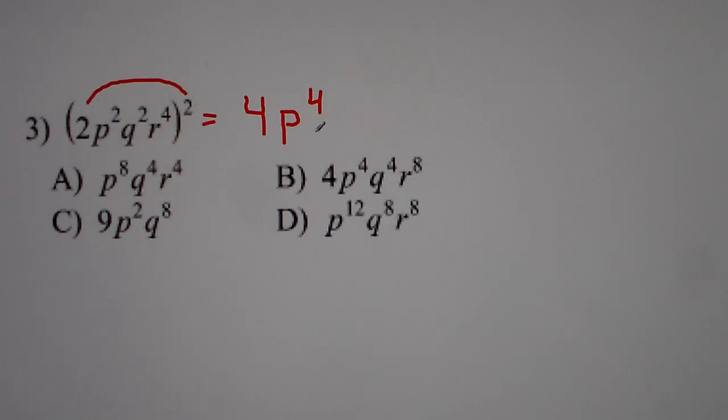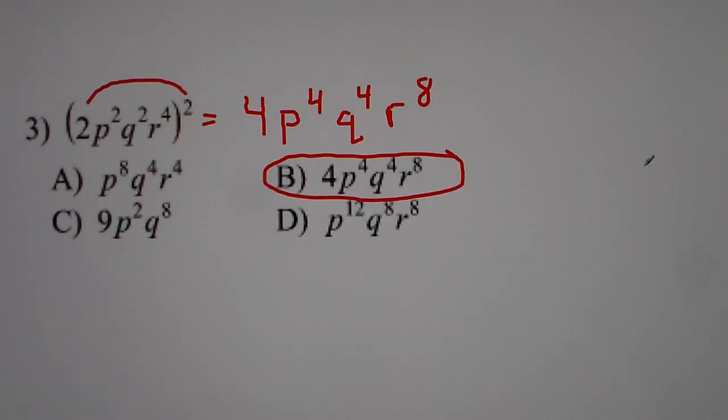Q squared, that's going to be q to the 4th, because 2 times 2 gets us 4. And then r to the 4th squared, 4 times 2 gets us 8. So we have 4 times p to the 4th times q to the 4th times r to the 8th, which is B for number 3.